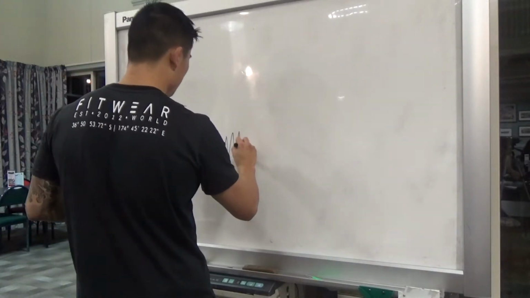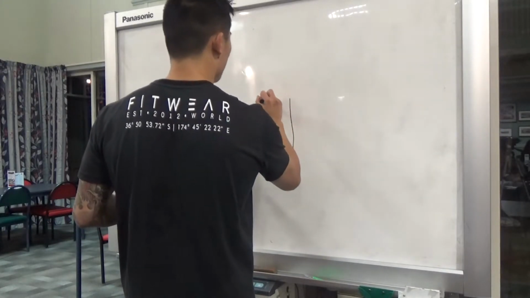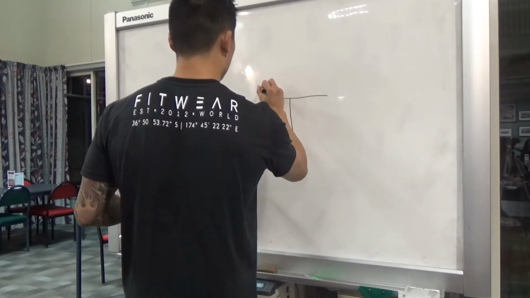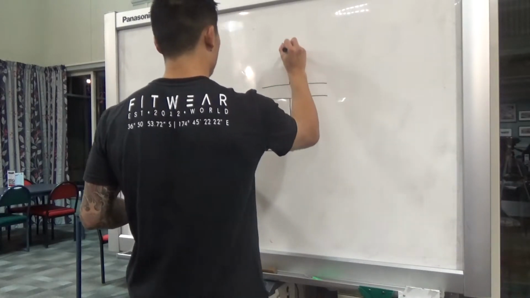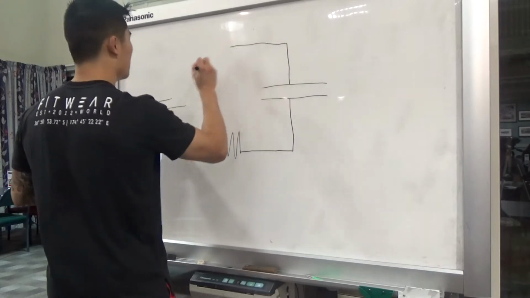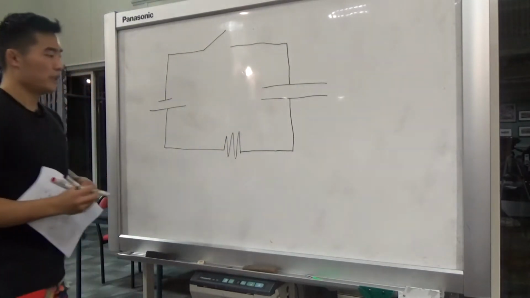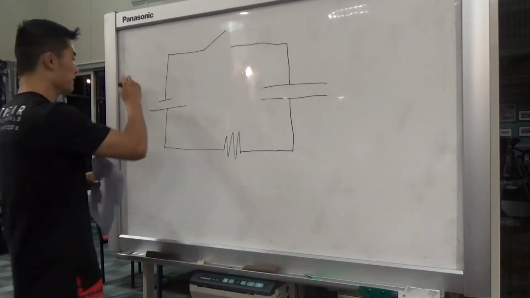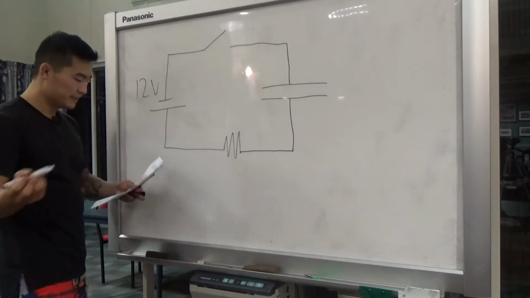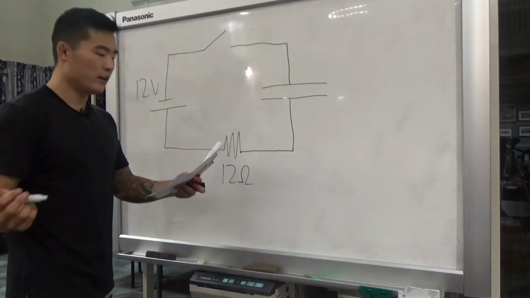And we have a resistor, which is our light bulb. Okay, so we have our battery, which is 12 volts, our resistor, which is 12 ohms, and our capacitor.